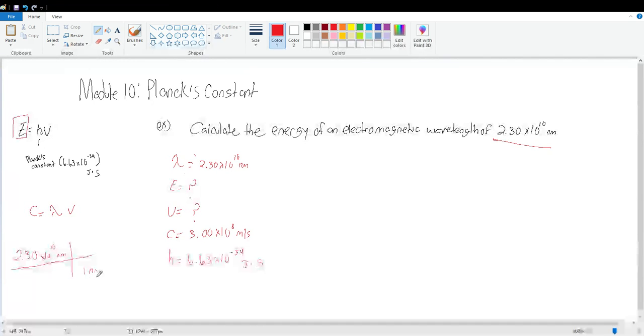For 1 nanometer, you get 1 times 10 to the negative 9 meter, because nanometers are smaller and we're moving to a bigger unit, so we get a smaller number. Once we do that, we get approximately 23.0 meters.